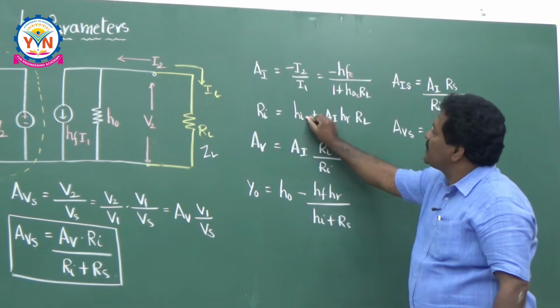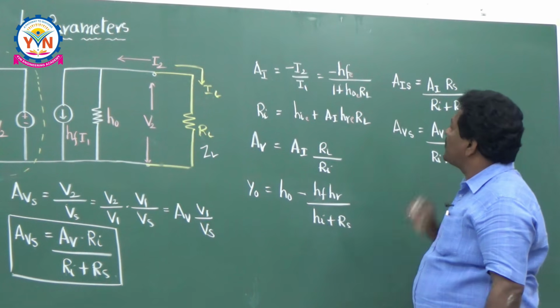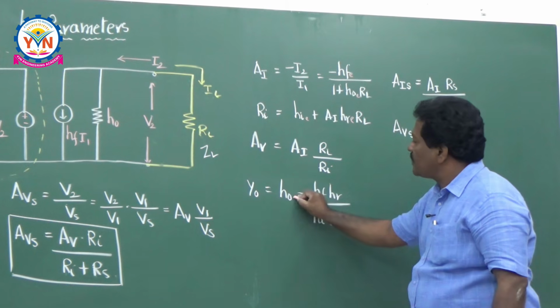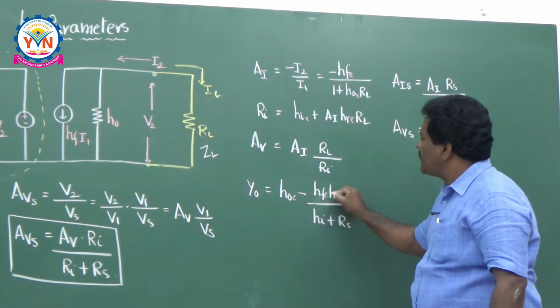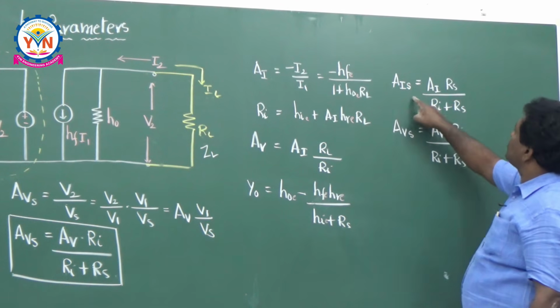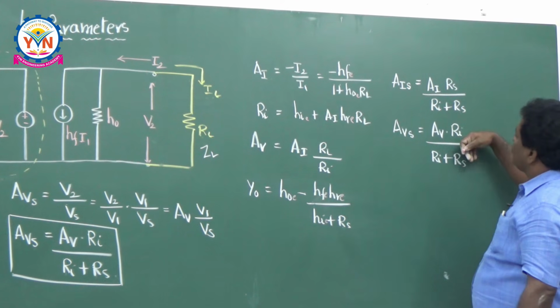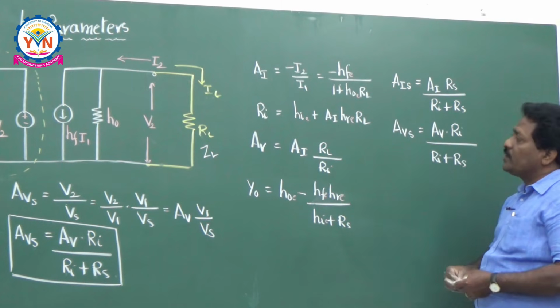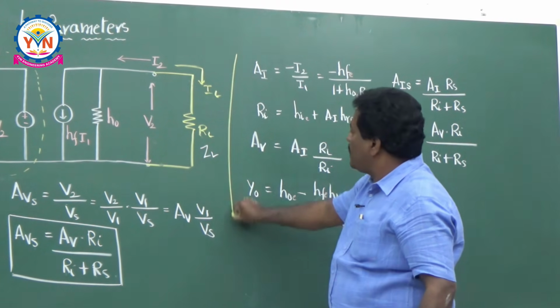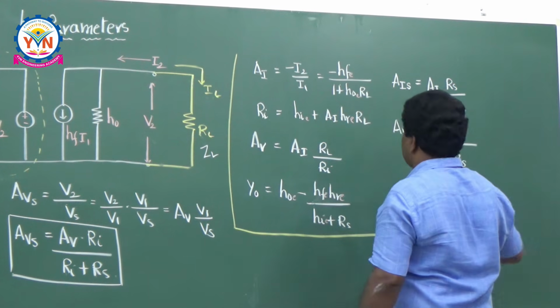Ri is equal to HIE plus AI into HRE into RL. AV is equal to AI into RL by Ri. Y0 is equal to HOE minus HFE into HRE by HIE plus RS. AIS is the same thing. Like this, you can utilize all these generalized equations for all types of configurations.